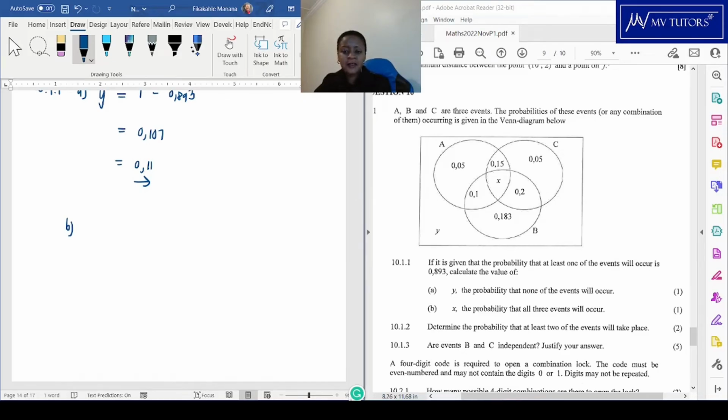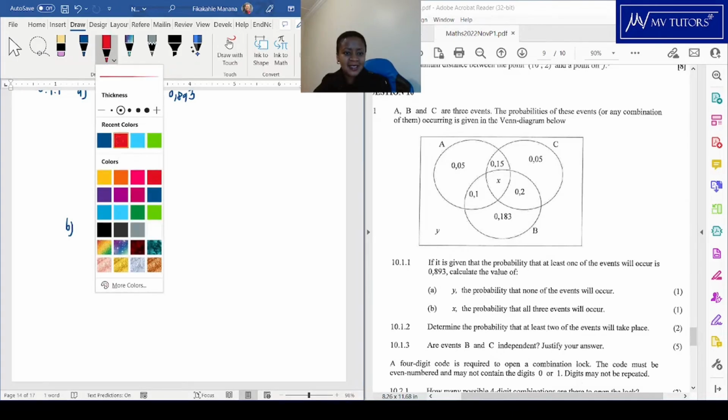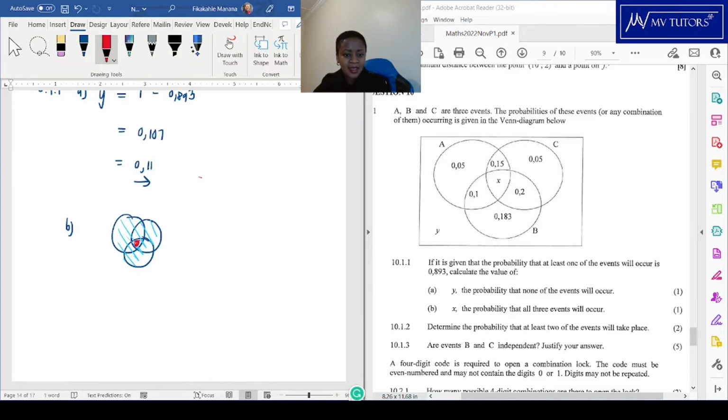B, calculate the value of x, the probability that all three events will occur. So if all three events will occur, that's basically everything inside, right? That's the 0,893. But x, guys, x is there. So we're going to take 0,893 and subtract everything around it so that we can get x.